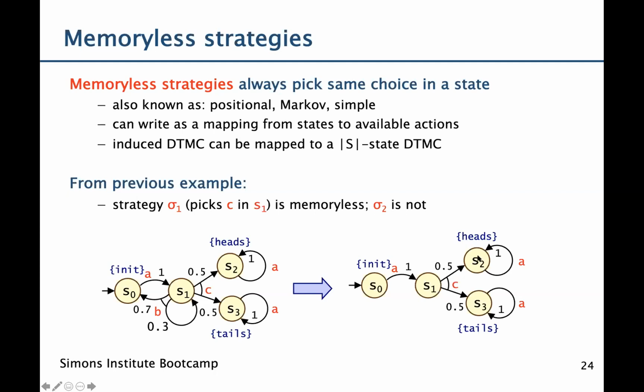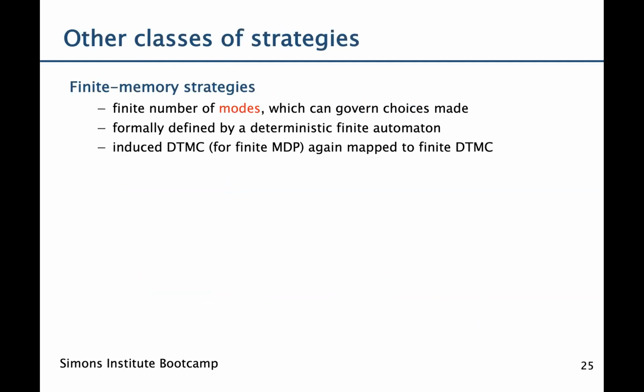So we go to S2 with probability 0.5, and we go to S3 with probability 0.5. There are other classes of strategies. We've got finite memory strategies. Here there's a finite number of modes which can govern the choices that the strategy makes, and they can formally be defined by a deterministic finite automaton.